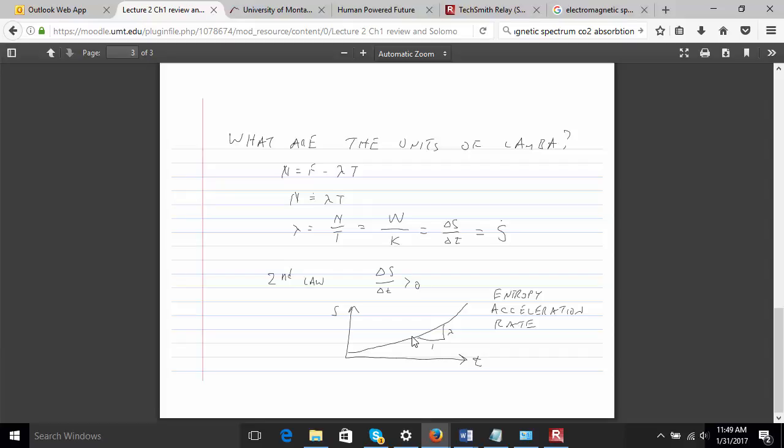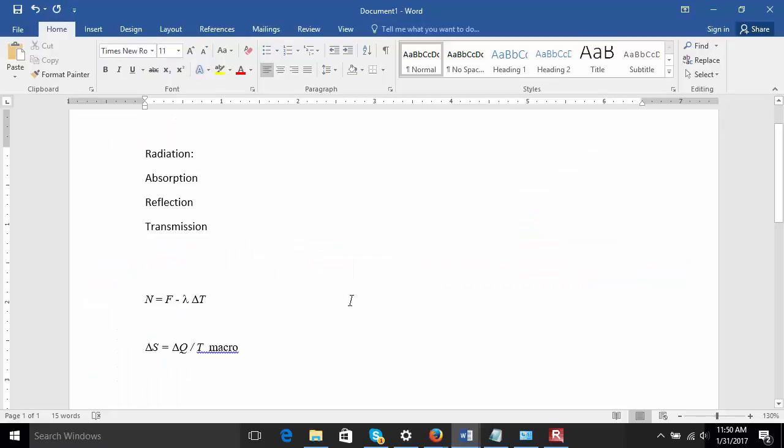Really all it is, if we go back again, it's just change in heat divided by temperature. Again, two different systems could have the same amount of heat. I could have a boiling pot of water with a certain amount of heat, I could have a chunk of lead with a certain amount of heat.